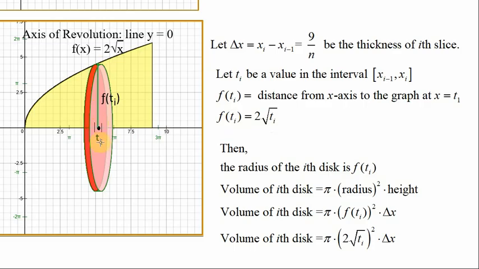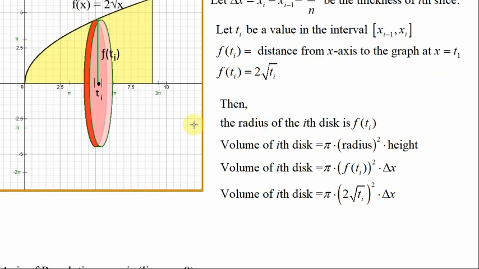Now f of t sub i in this case is also the radius of this ith disc. The volume of this disc or cylinder is pi times the square of the radius times the height of the cylinder. The radius of the disc is f of t sub i, squared.